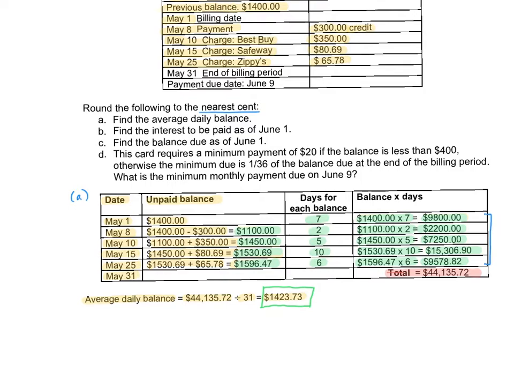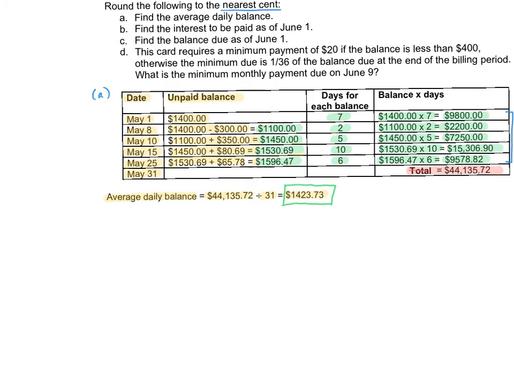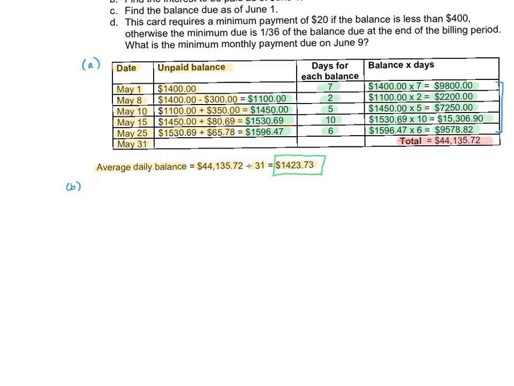So B says find the interest to be paid. And this would be going back to previous sections. Remember our interest is 1.4%. That's our monthly interest.